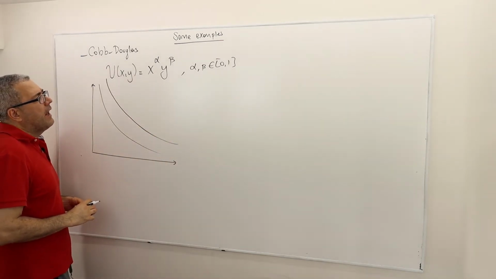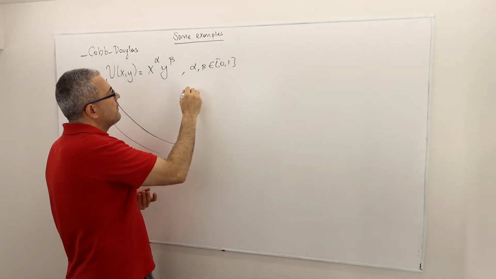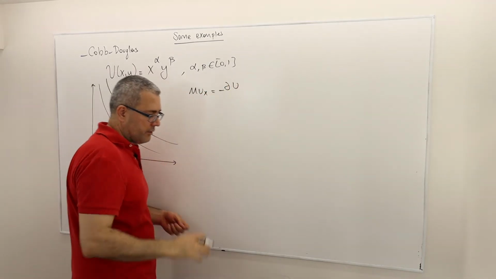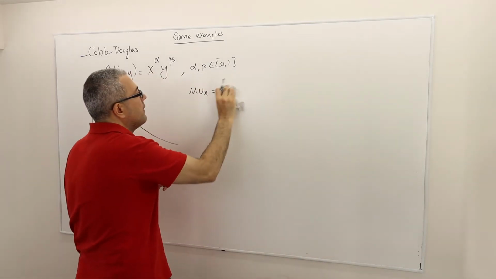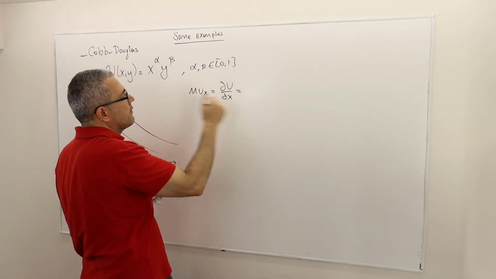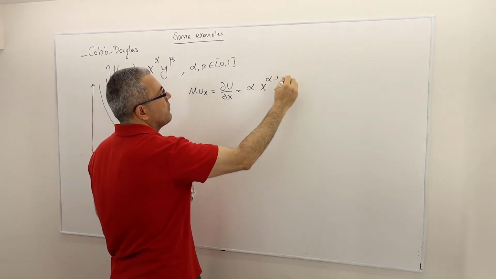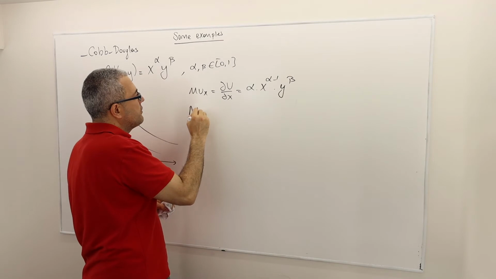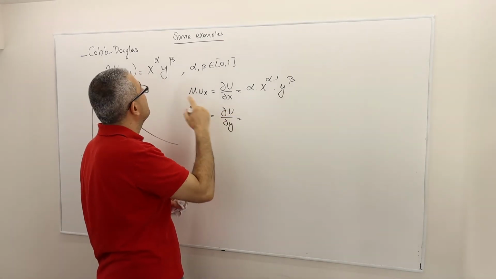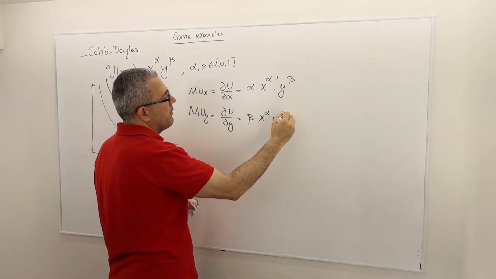All right, and calculating the marginal rate of substitution is relatively easy. The marginal utility of x, del u over del x, is just simple, right? It's alpha times x to the power alpha minus 1 times y to the power beta. And the marginal utility with respect to y, del u over del y, is equal to beta times x to the power alpha y to the power beta minus 1.